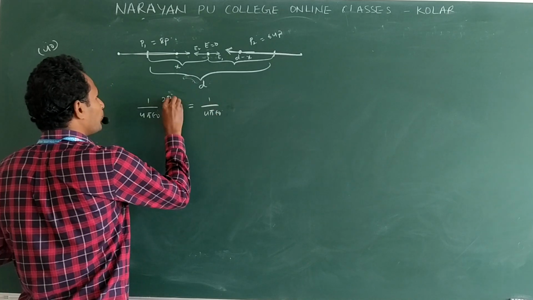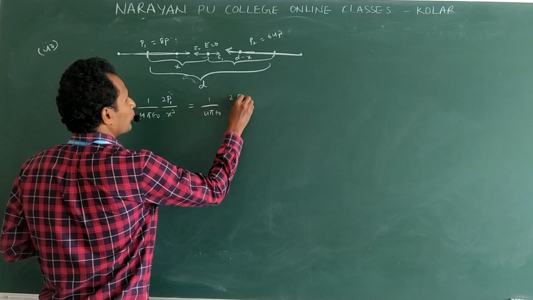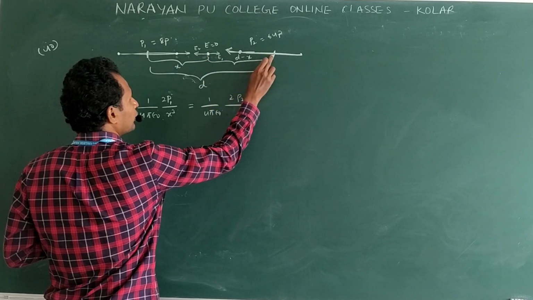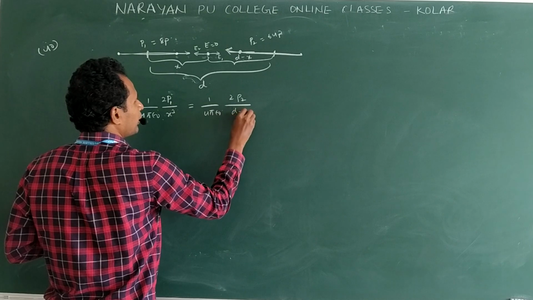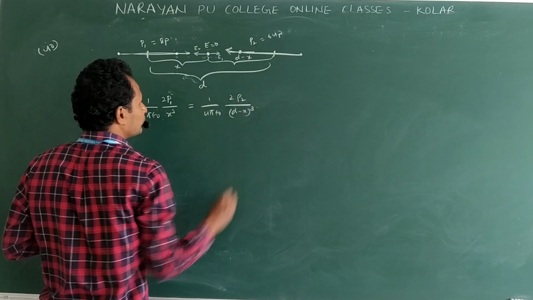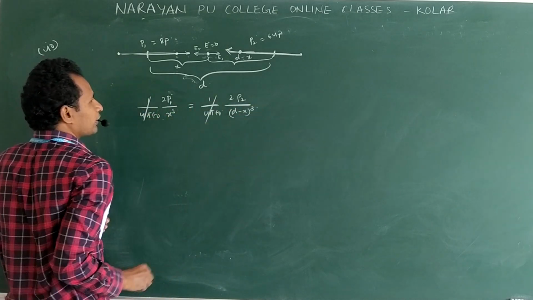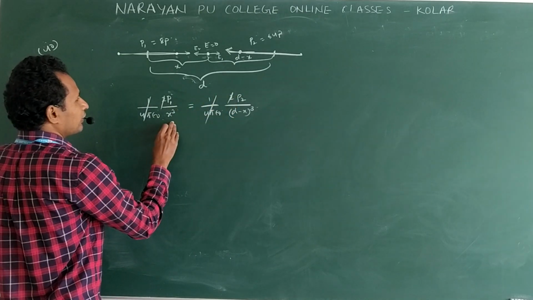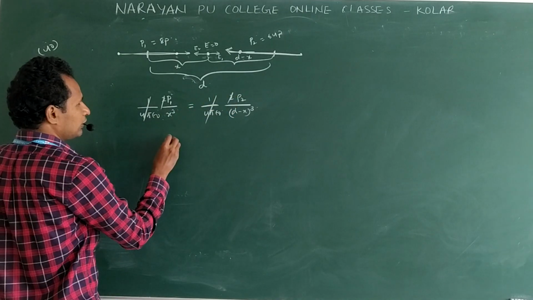Here it is 2p1, here it is 2p2, by what is the distance from the center of the dipole to this point? d minus x whole cube. Then these two will be cancelled, 2 cancels.